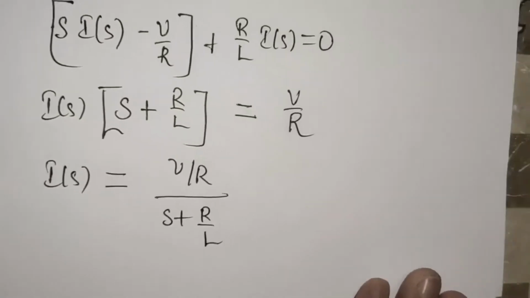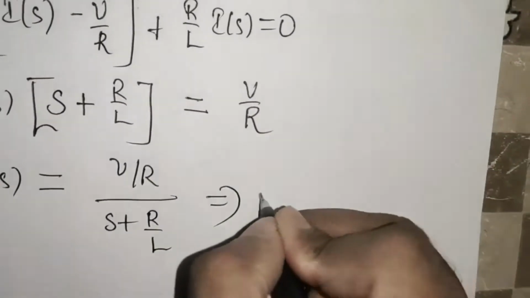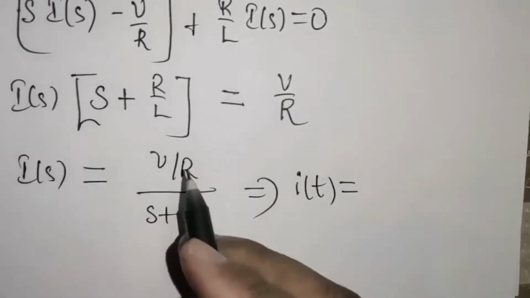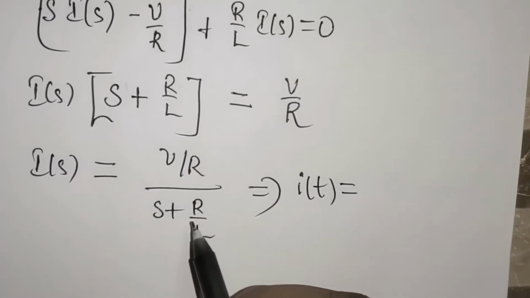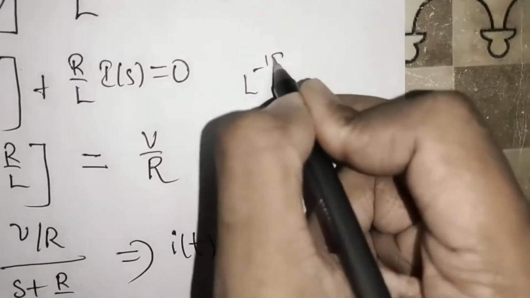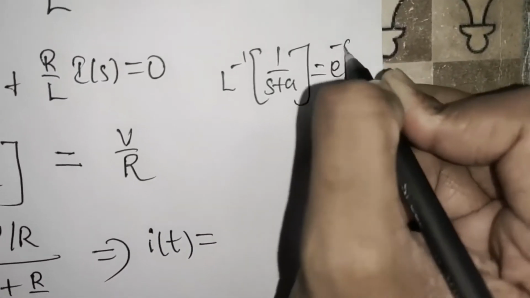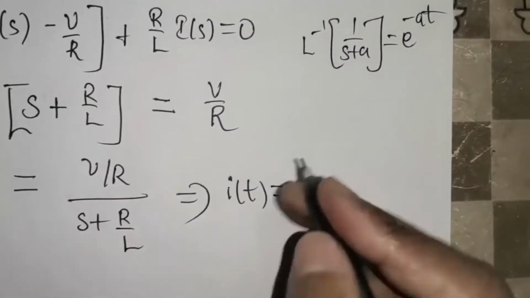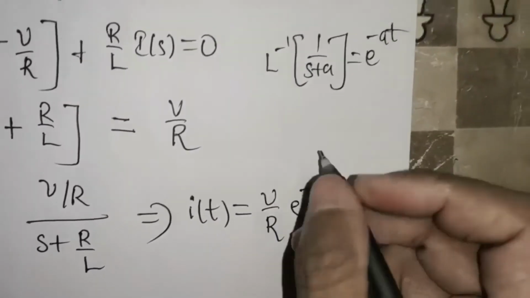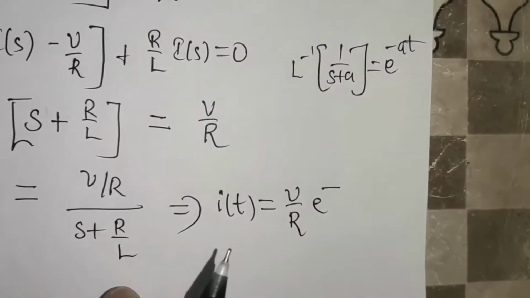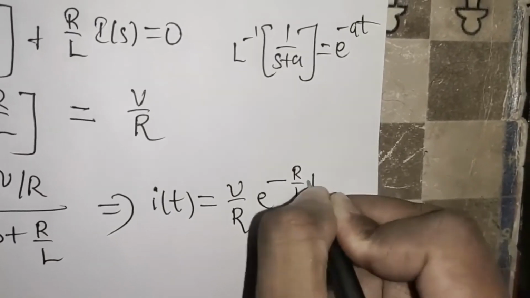So applying inverse Laplace transform, I of s becomes I of t. This is in the form of 1 by s plus a, and the inverse Laplace of 1 by s plus a is e power minus at. V by R is a constant, and instead of a, I have R by L. So V by R into e power minus R by L into t.